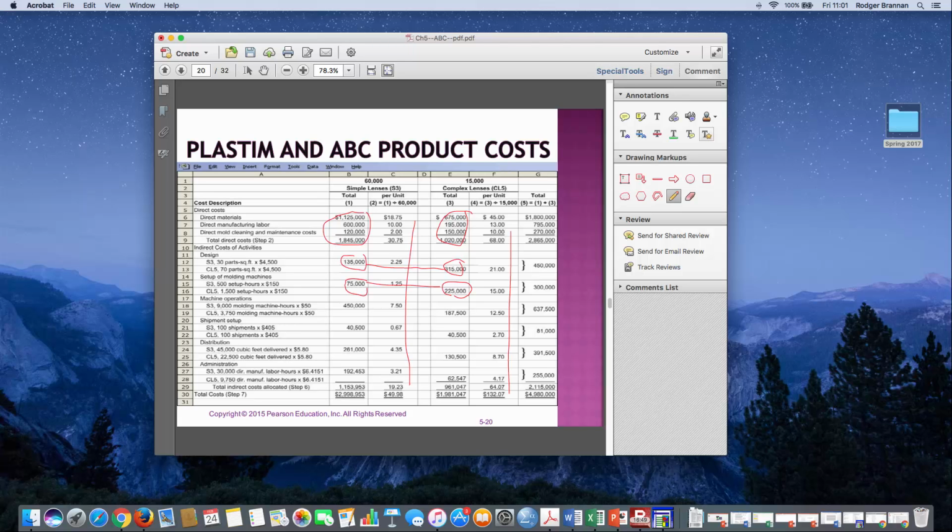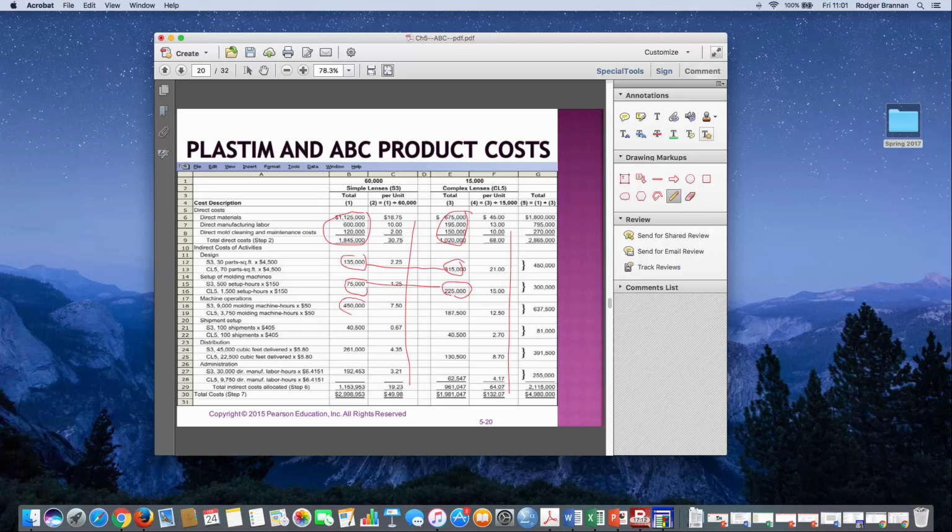As part of the other rationale, well, why do I need to go to, if you will, activity-based costing? Now, paradoxically, for machine operations, they're using 9,000 machine molding hours versus 3,750 for the complex.